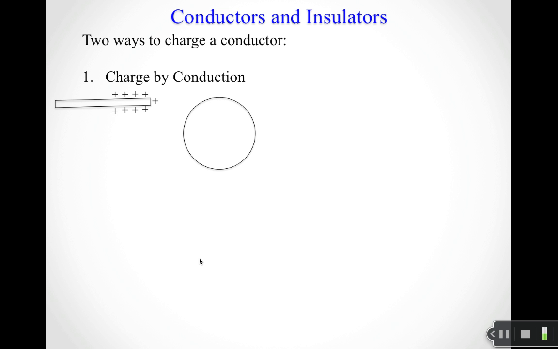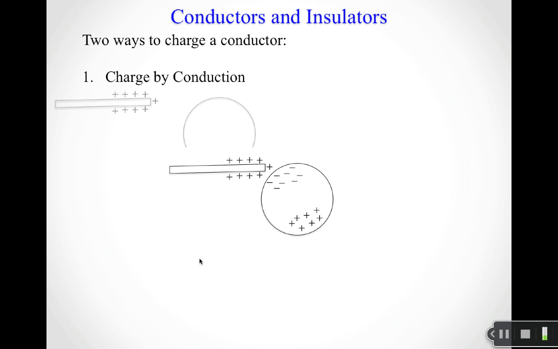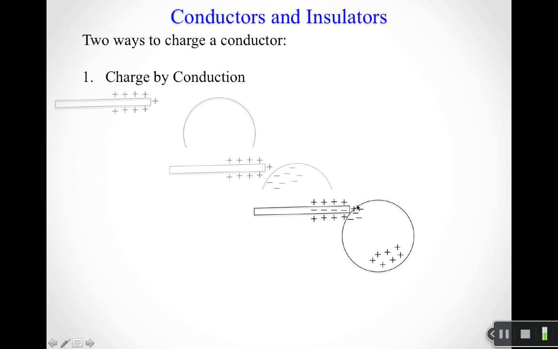So given that difference, there are actually two ways that I can charge a conductor precisely because it's got these free electrons. One thing I can do is charge it by conduction, which is basically just charging it by contact. So I bring my positive rod close to my conductor. Then the free electrons come over in response to the positive rod. So I have a negative side and a positive side.